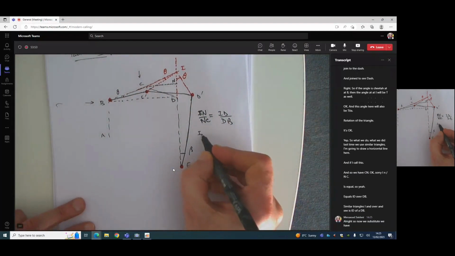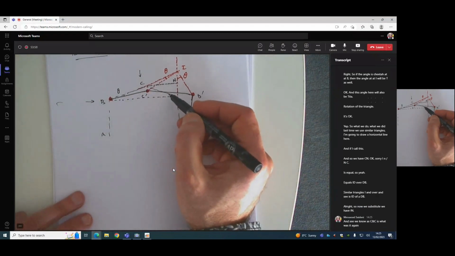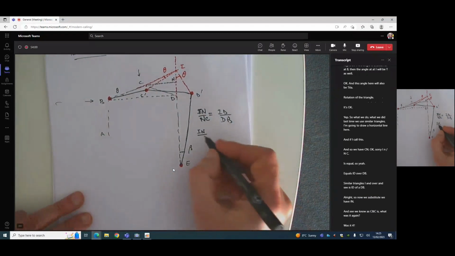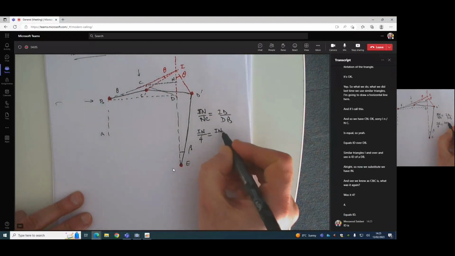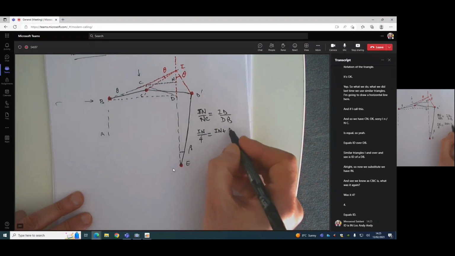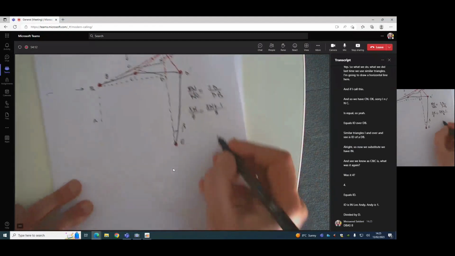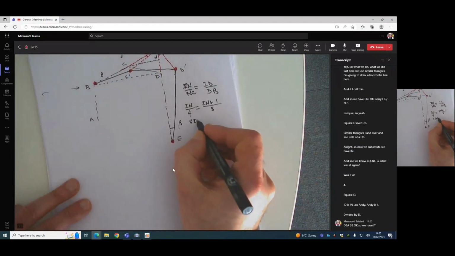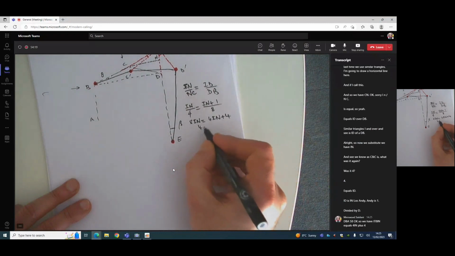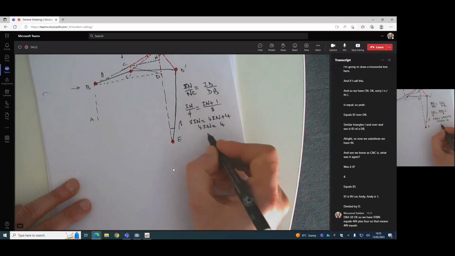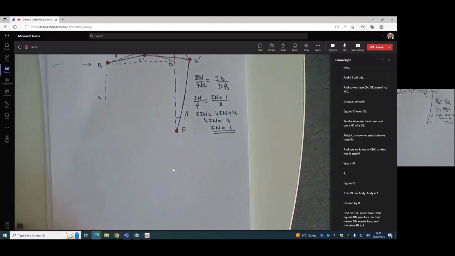We know NC is 4. ID is IN plus ND. ND is 1, and DB is 8. So we have 8 IN equals 4 IN plus 4. That means 4 IN equals 4, and therefore IN is 1.